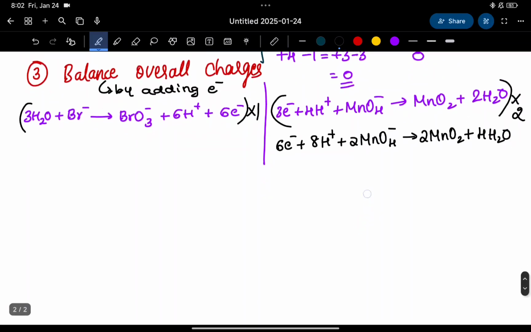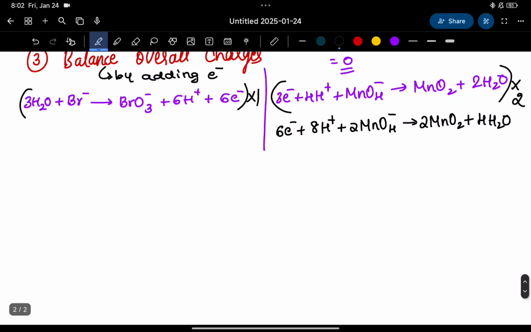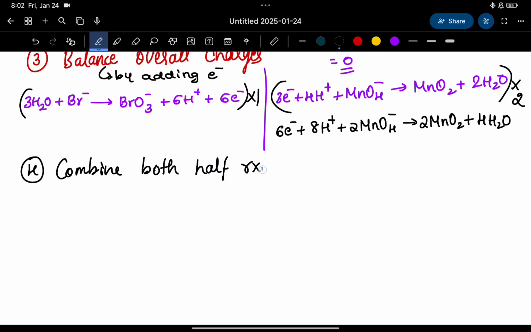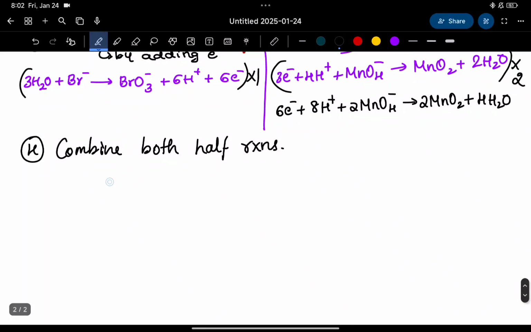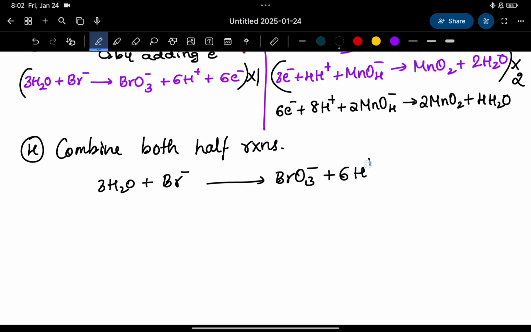So next, you just need to finally combine both these reactions. So the final step is combine both half reactions. Here the oxidation half reaction, first I'll write 3H2O plus Br- gives BrO3- plus 6H+ plus 6 electrons.